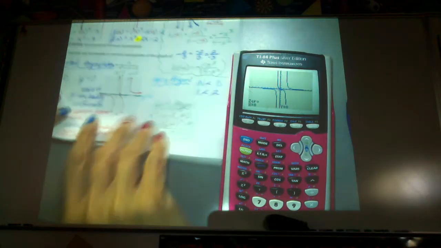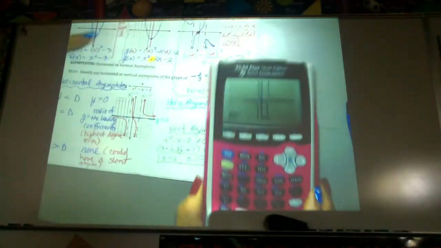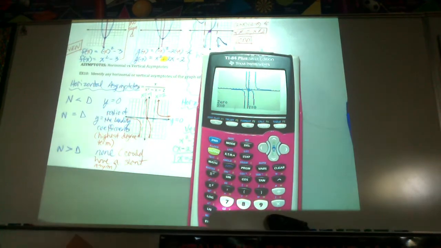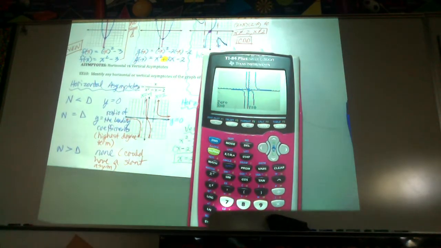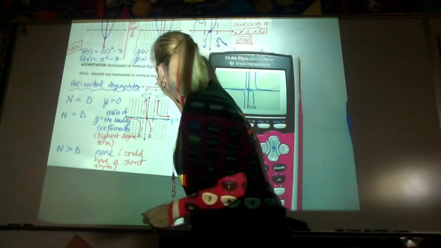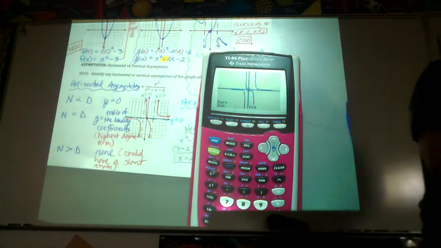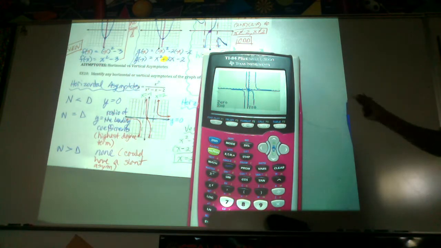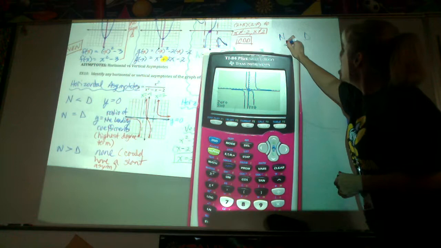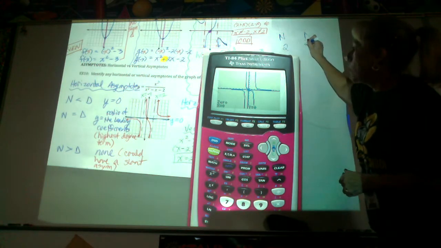So we've done our asymptotes. Let me just change one little thing on here. So let's take the same graph, but instead, let's now change this exponent to squared. What's the degree of my numerator? So my numerator versus my denominator. My degree of my numerator is 2, and my denominator is 2.